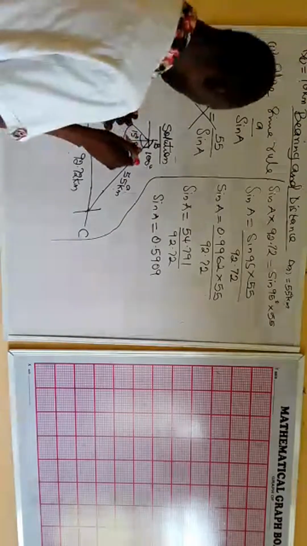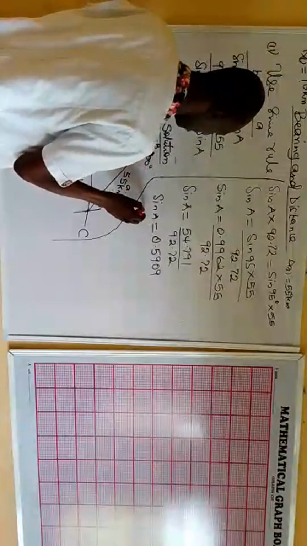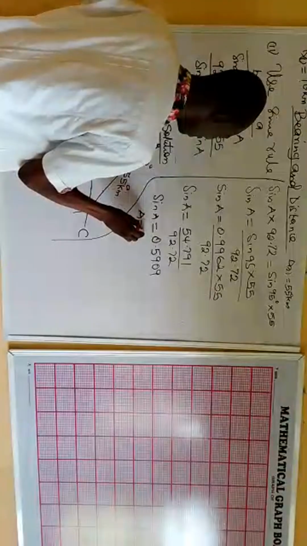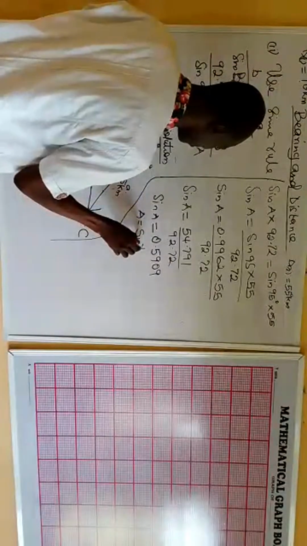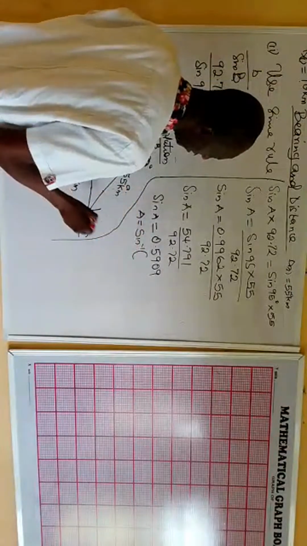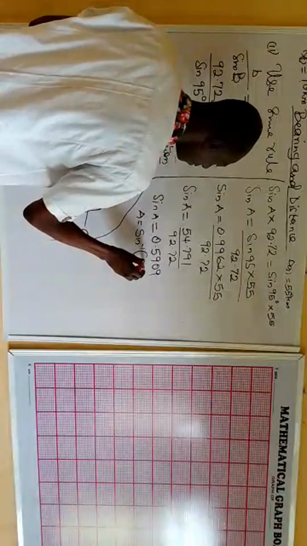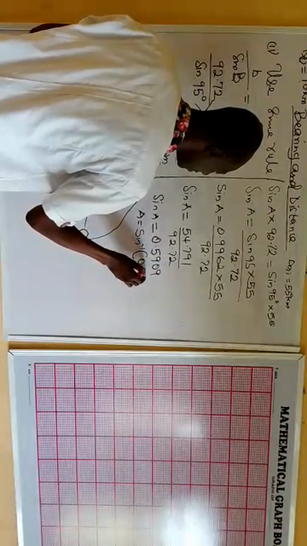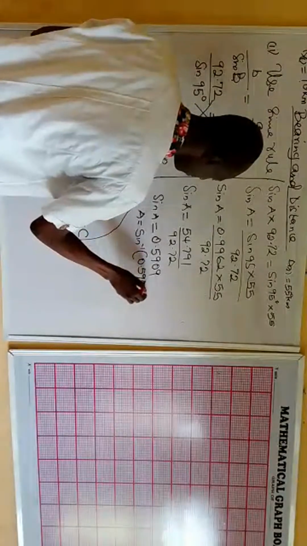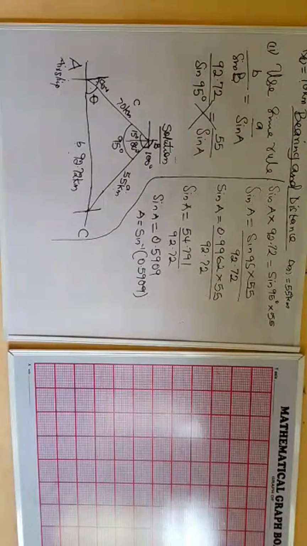0.5909. We are looking for A, but not sine A. So what is A? It is sine inverse, or you can say arc sine, of 0.5909.